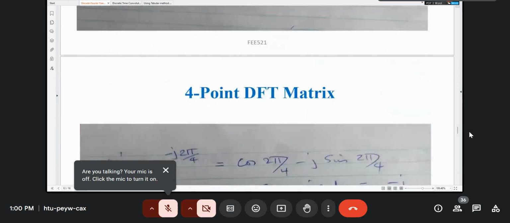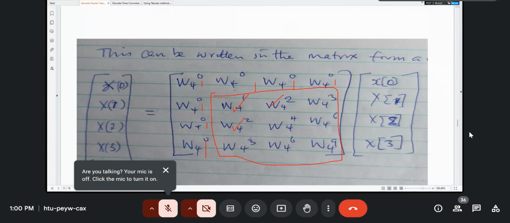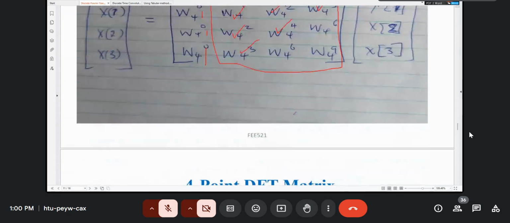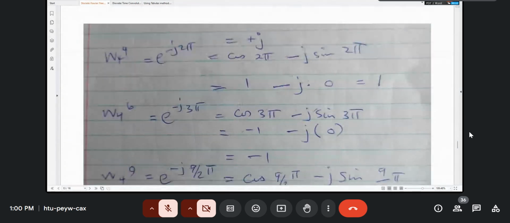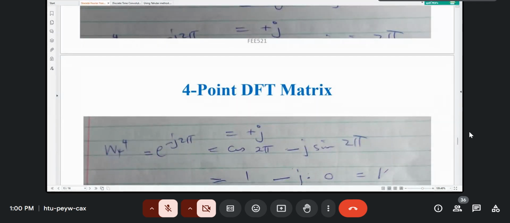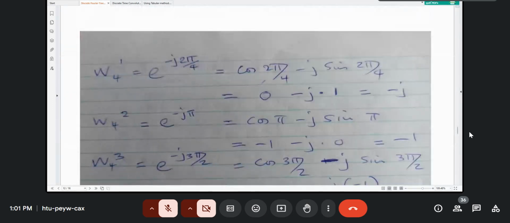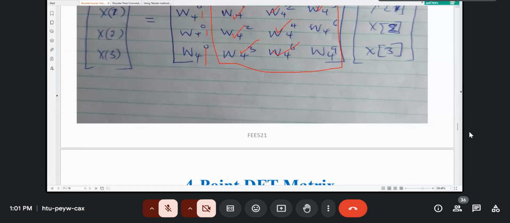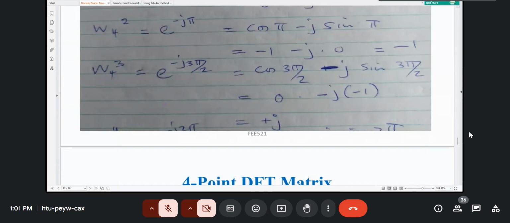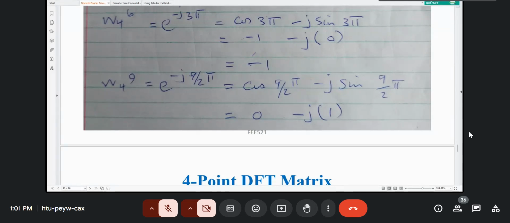W4 of 4, because we are finished with W4 of 3. Now we need W4 of 4. W4 of 4 is plus 1. W4 of 6 is what we need next. W4 of 6 is minus 1.